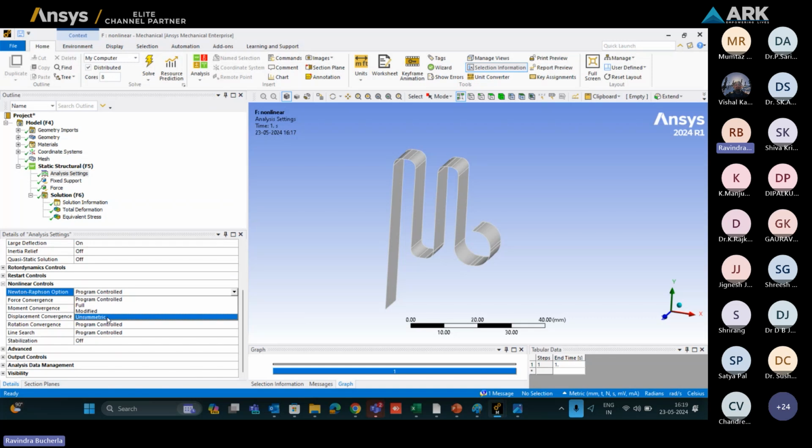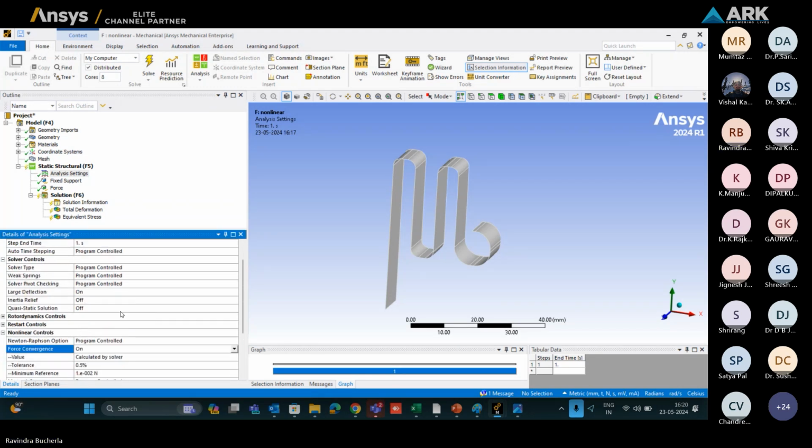And unsymmetric means if the nonlinearity is very high, the stiffness may go in the downward slope as well, so it is unsymmetric. If you talk about program control, the criteria will be calculated automatically. If you want to give it on your own, or if you don't want to consider the criteria, you can remove it or make it on.